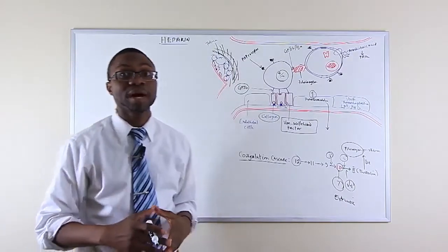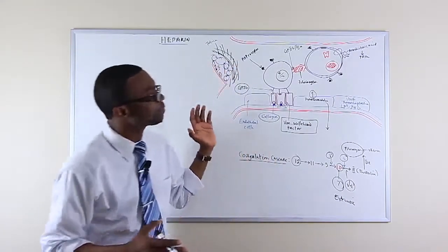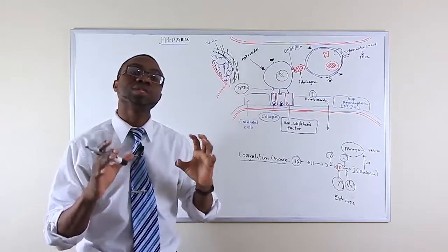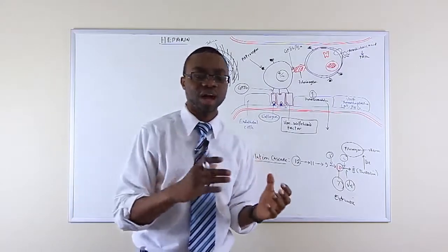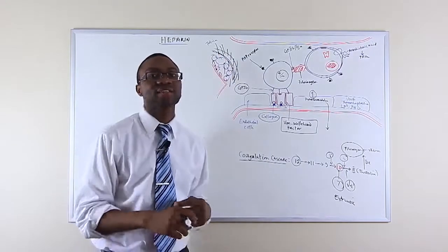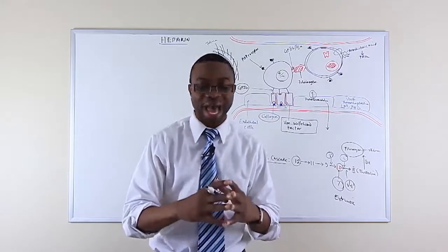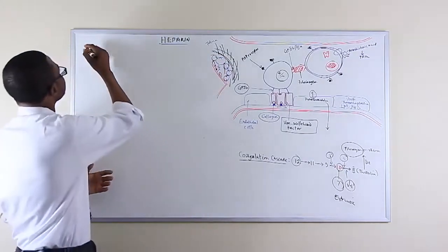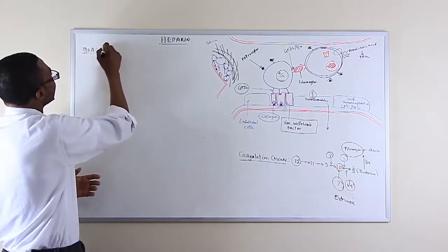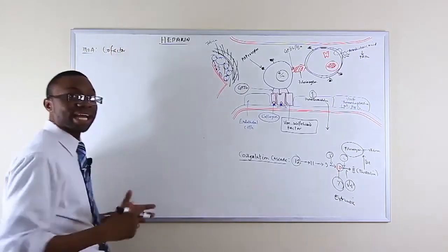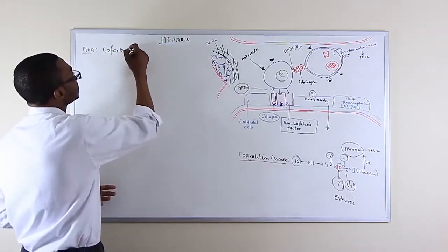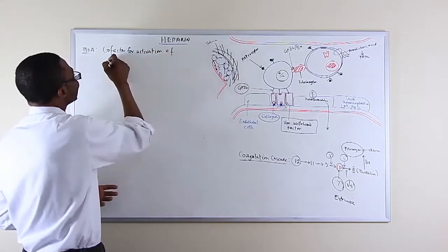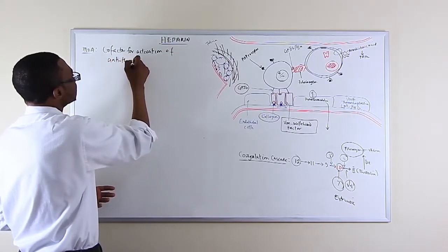Now, we're going to talk about heparin and which part of this pathway heparin goes into, because we form a clot, but we want to use a drug that prevents us from forming a clot. Okay, so the mechanism of action of heparin is it acts as a cofactor for the activation of antithrombin. Wait a minute. A cofactor, which means it's going to aid in the activation of antithrombin.